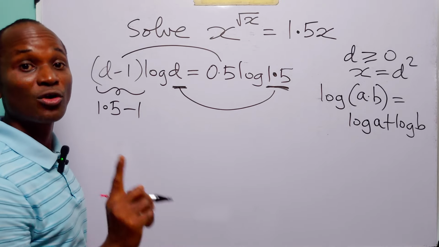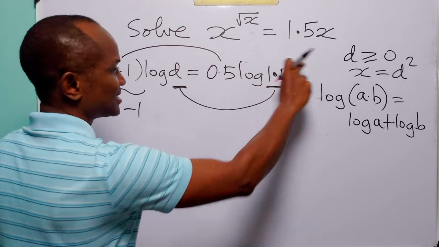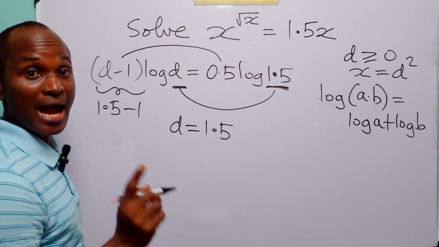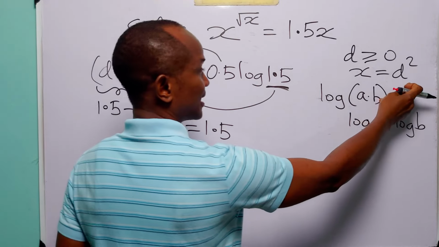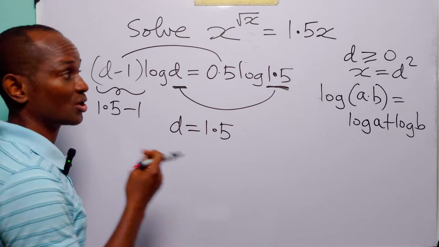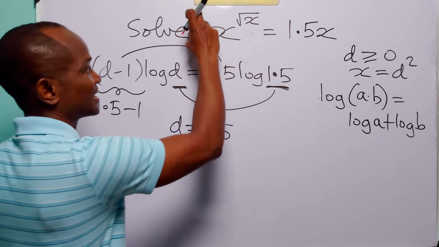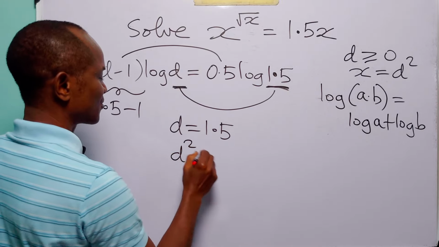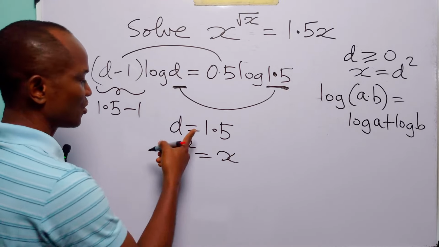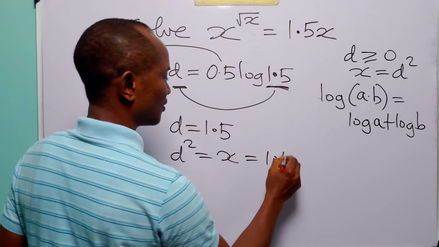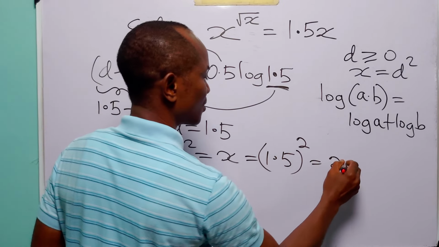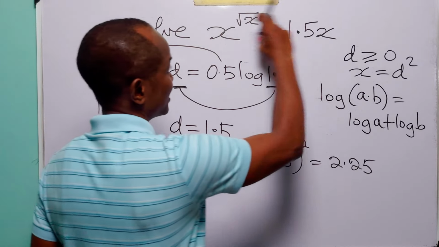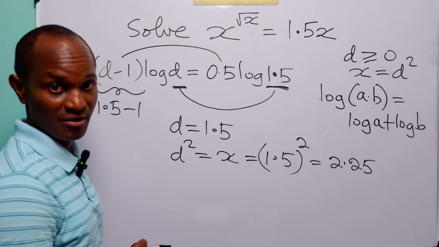So that simply means that one of the values of d that satisfies this equation is d equal to 1.5. And of course, now that we have found that d equal to 1.5 satisfies this equation, we can find the value of x, because we know that d squared is equal to x. So we have that x is equal to 1.5 squared, which is equal to 2.25. So one of the values of x that satisfies this equation is 2.25.